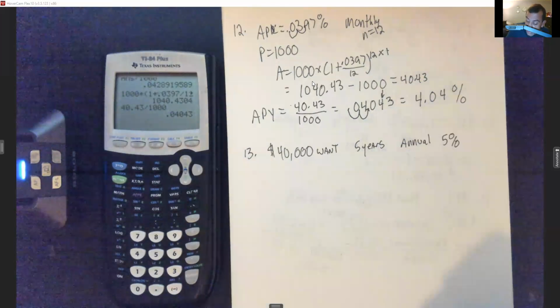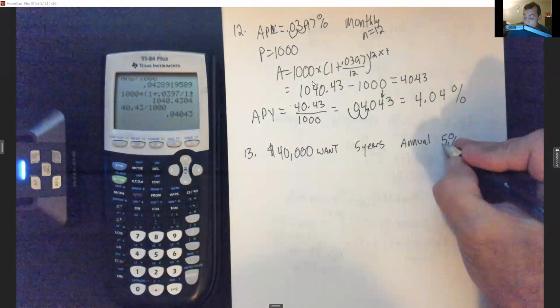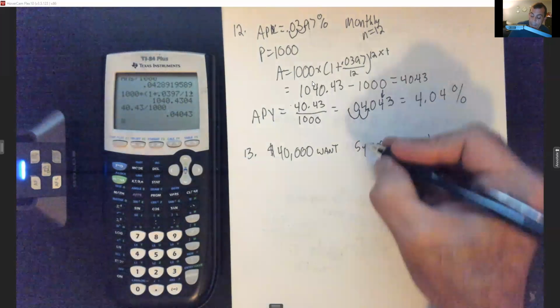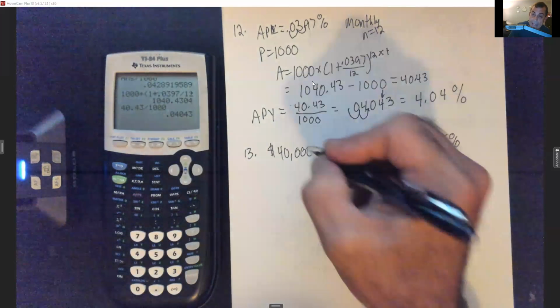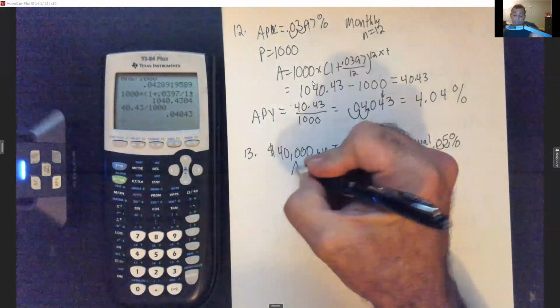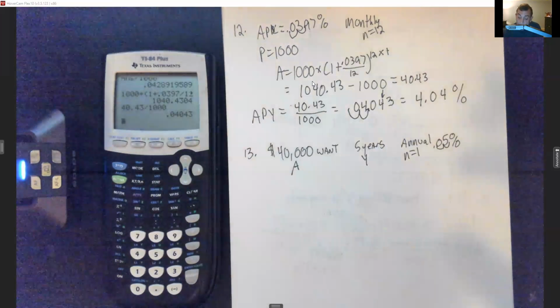So remember, that's going to be 0.05. N will be 1. There's my Y. This time, remember, this is my ending amount that I want. I'm looking for the principal that I got to put down to get that amount.